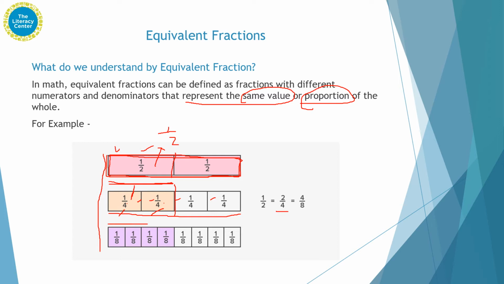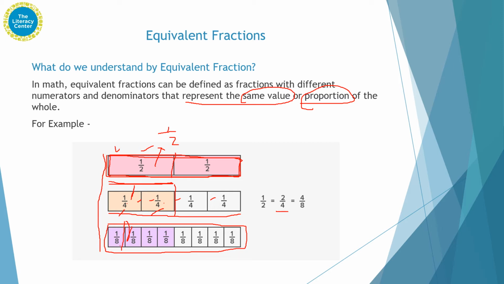If you divide this rectangular bar further into more smaller equal parts, say 8 equal parts, this one part will be 1 out of 8. Similarly, all these parts will be 1 by 8.